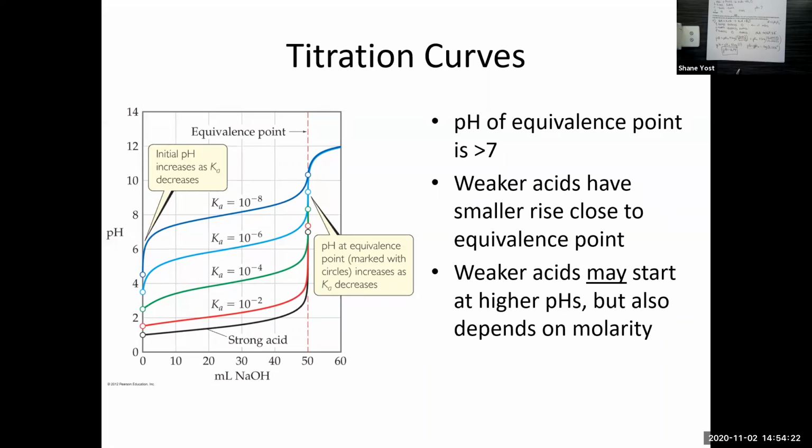You notice after equivalence point, all these things have basically the same pH, because after equivalence point, the thing that's determining the pH is the concentration of sodium hydroxide, which is independent of the acid that was used initially. So all of these will have the same pH after equivalence point. But at equivalence point, the pHs are different, and before equivalence point, the pHs are different because of the different strengths of the acids.